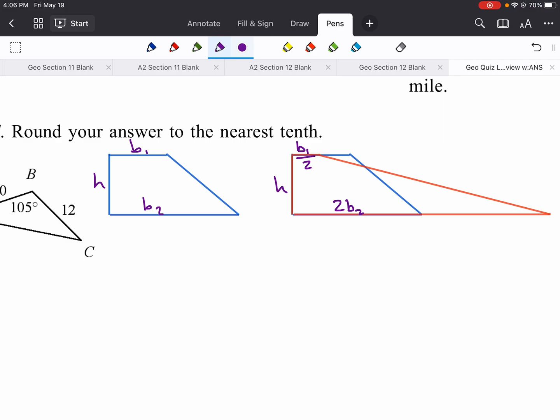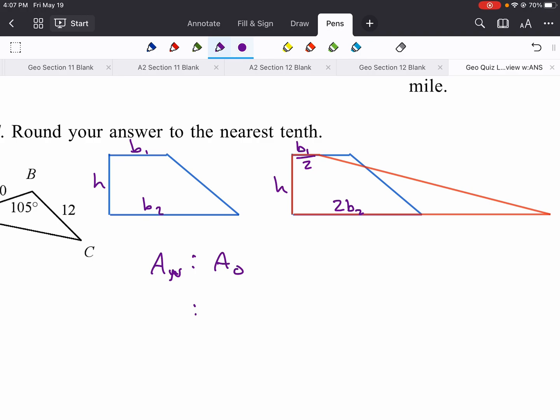Now we're going to compare the areas. So let's see, area new to the area old. The new area, that's the red one here, is going to be, well, let's do the old one first so you can see what the formula would look like. The area is the average of the bases times the height. That's a good way to think about it.